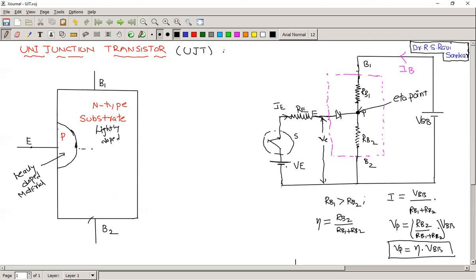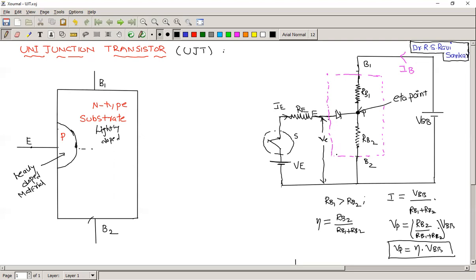If this voltage is less than that, the current is due to minority carriers. That current is also negative. Here we have taken the positive direction, so the negative current passes in this manner. It is nothing but due to the minority carriers, because the diode is reverse biased.